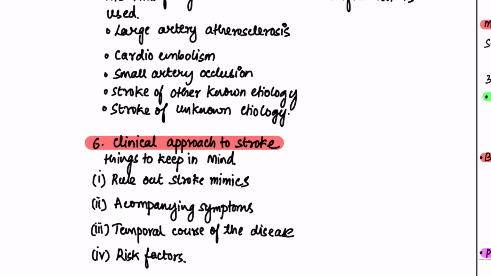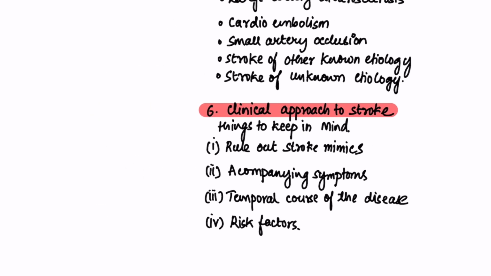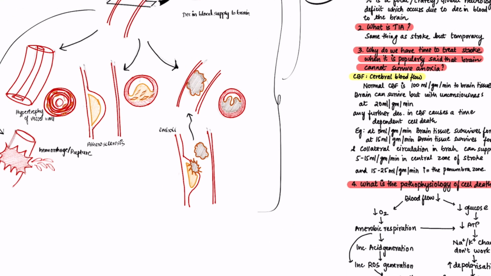Another thing you could take into consideration are the risk factors. For example, let us say the patient only has hypertension. If there's only hypertension, you can think that hypertension is causing hypertrophy in the blood vessels, and thereby the smaller vessels are affected, and that is leading to the stroke.